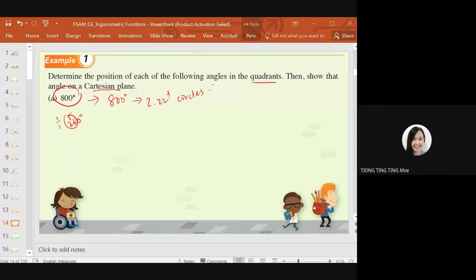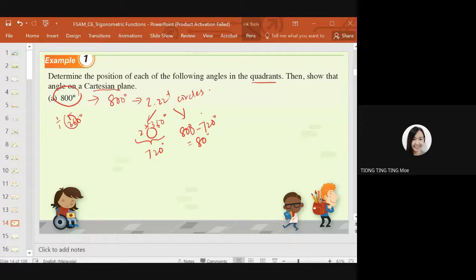So it means that it will have 2 circles. How many degrees are 2 circles? 2 times 360, so this gives you 720 degree. So how many degrees remain? 800 minus 720, so still have 80 degree.